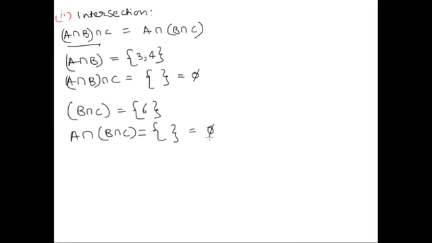That's a null set. This is LHS. This is RHS. Therefore, LHS is equal to RHS. Now this again proves that intersection of sets holds good for associative property also.